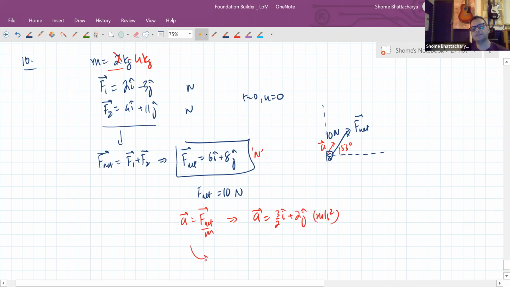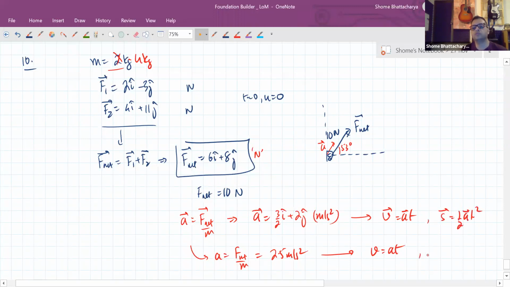Or if you want the magnitude of the acceleration, it is the magnitude of the net force divided by mass, so that becomes 2.5 meters per second square. Once you have the acceleration, you can find velocity as acceleration into time, or speed as the magnitude of acceleration into time. You can find the displacement as half a t square in vector form, or its magnitude as this. So just use these relations.